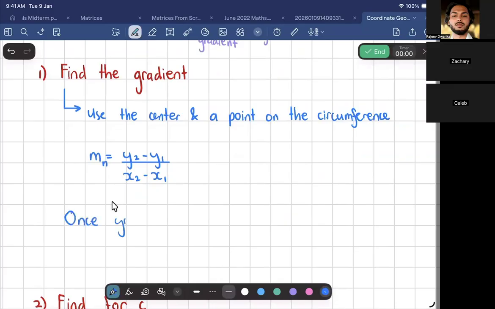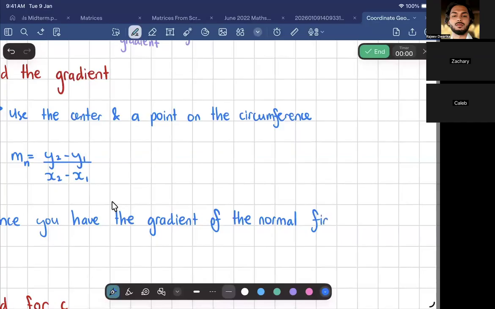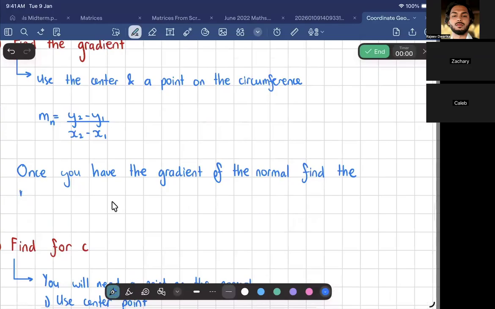So once you have the gradient of the normal, find the negative reciprocal of it to obtain the gradient of what?